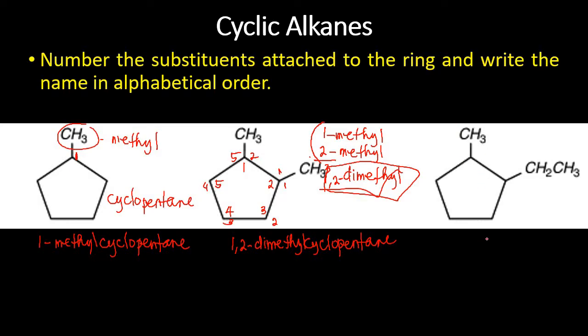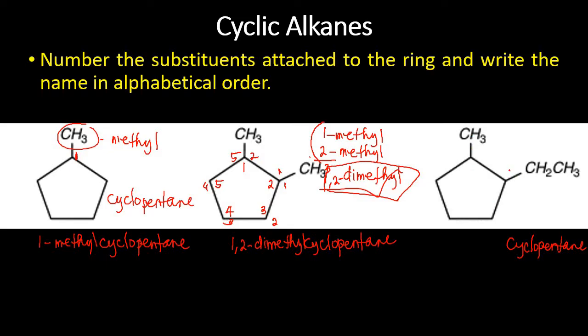The first step in naming this one is to determine the name of our parent chain. So since we have 5 sides, 5 vertices, therefore we have 5 carbon atoms, this one will be named as cyclopentane. Now our next concern is the numbering of the substituents.